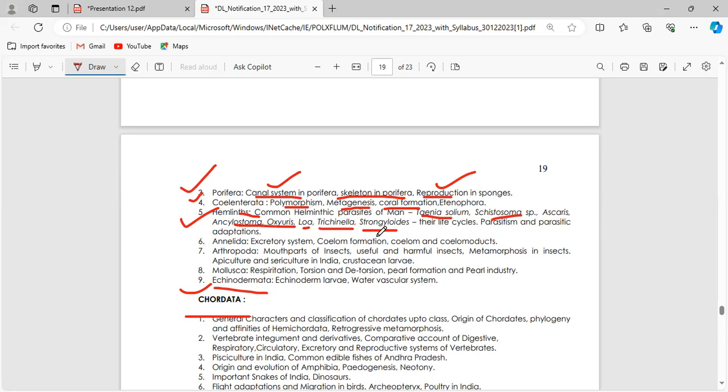Let's take an example. For example, Taenia solium. What is the common name of Taenia solium? For Taenia solium, the common name is pork tapeworm. We are also going to discuss the life cycle of Taenia solium. In that life cycle, how the development arises, both direct and indirect development.